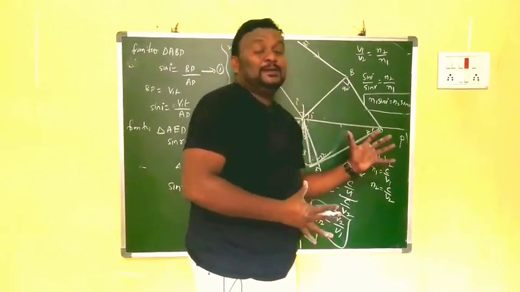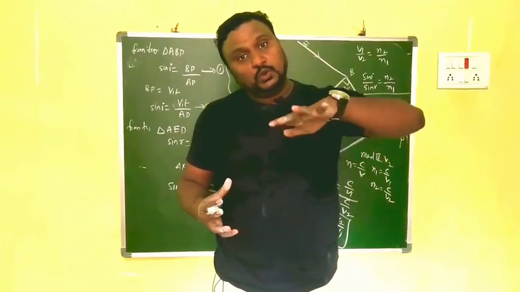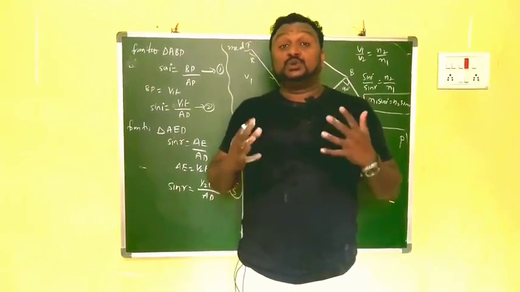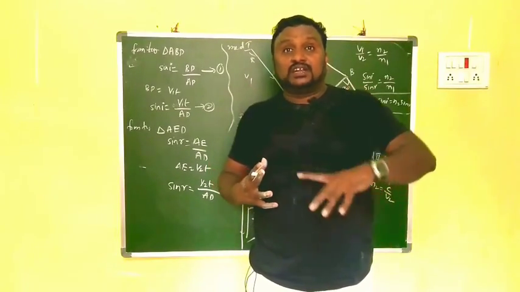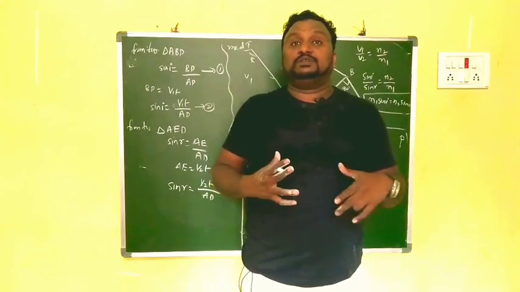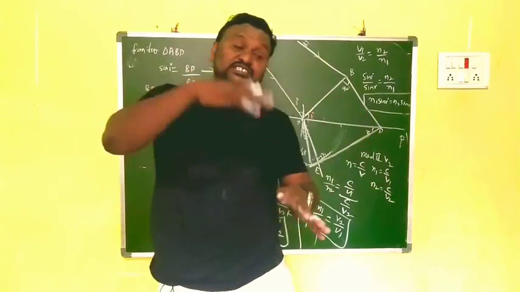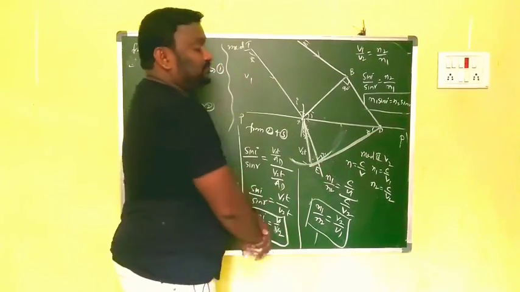In the second medium, we construct one sphere with radius V2 into t. The necessity of constructing this sphere is that we want to understand the shape of the wavefront. Clear, children? On that sphere we draw one tangent.